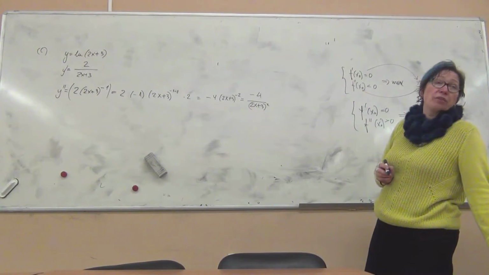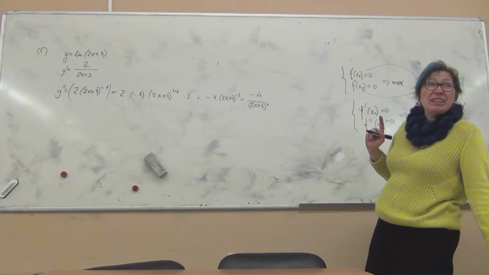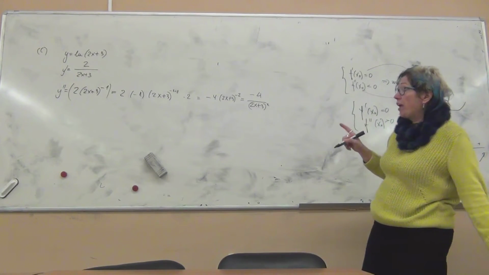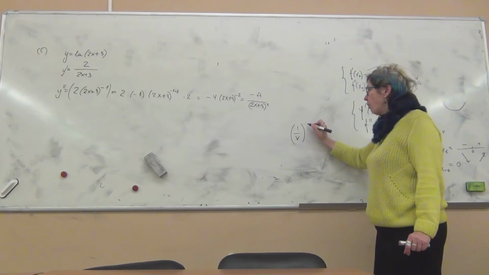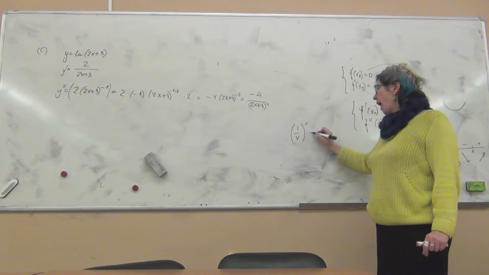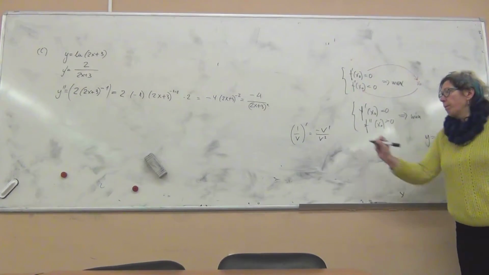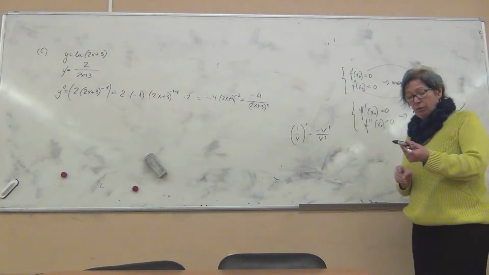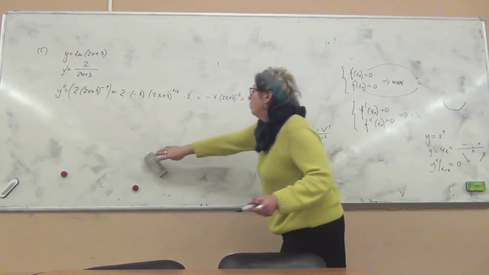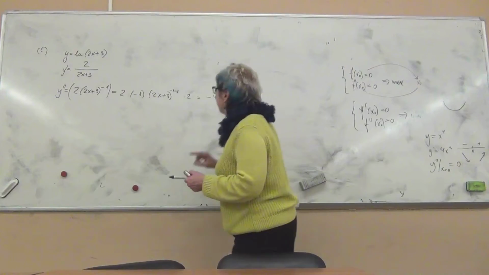Or in some other way, if you remember, I did give you a special case for the quotient rule. If I have a function 1 over v derived, I think I showed you this. Perhaps not. We can just use v to the power minus 1. No problem.